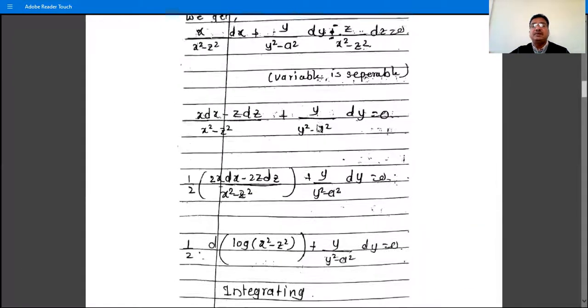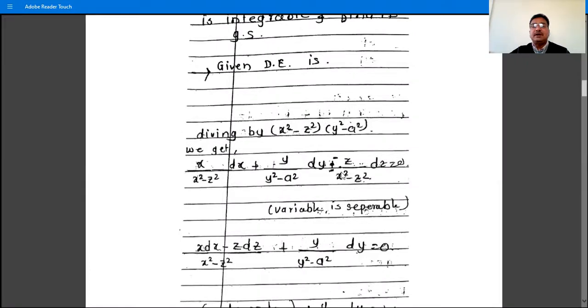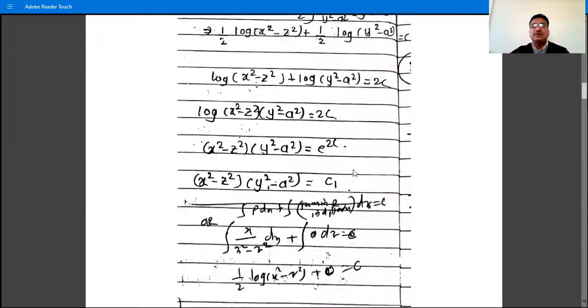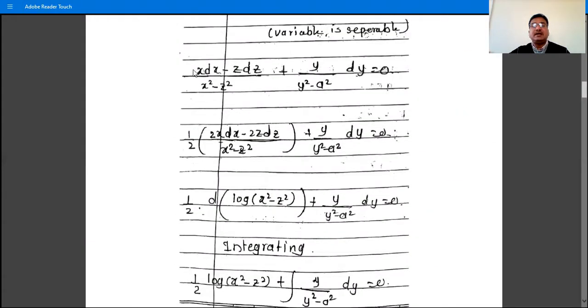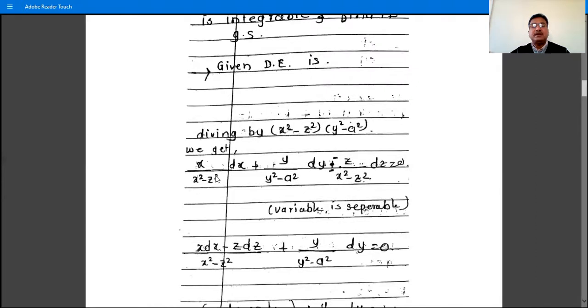So if you denote this as P, this as Q, and this as R, then this P dx plus R dz becomes an exact differential equation, and its solution is: integration of P dx plus terms in R independent of x, and the integration is with respect to z. And therefore what is P? P is x divided by x square minus z square, and R is minus z divided by x square minus z square.